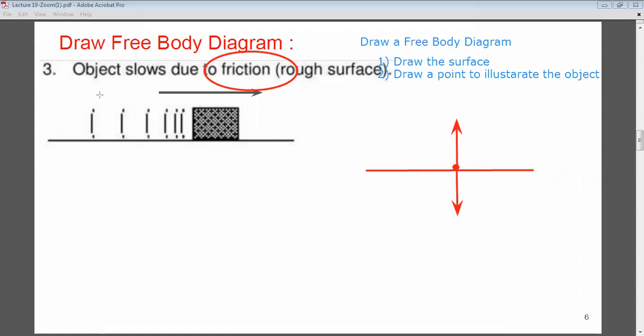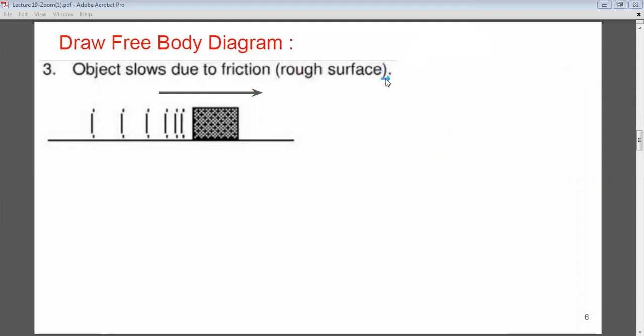And since the surface is rough, there is friction, along the surface. So I have weight, normal, and friction. These are forces, these are vectors, so I put a vector on top of each. Okay, so let's move on.